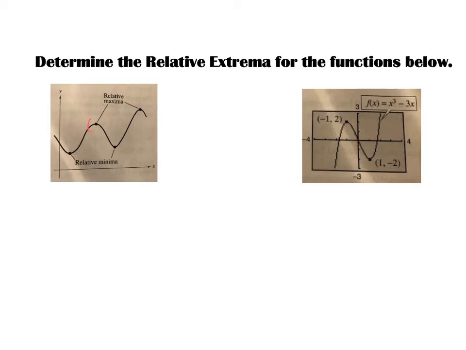So if I were to zoom in on this part of the graph, I would notice that there is a max value there. It's called a relative max, or could be called a local max. And of course, that would be happening at this location as well.